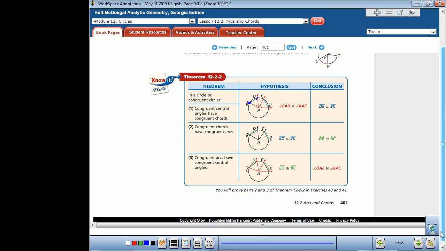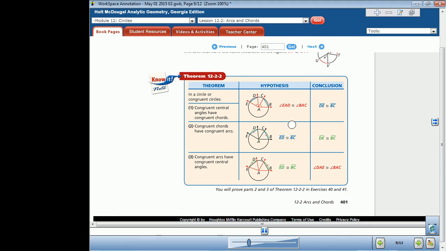All right. Now, on this one, 3 different things that all kind of sort of go together. If we have congruent central angles where they intersect the circle, do you see that it actually forms chords? We could form chords.